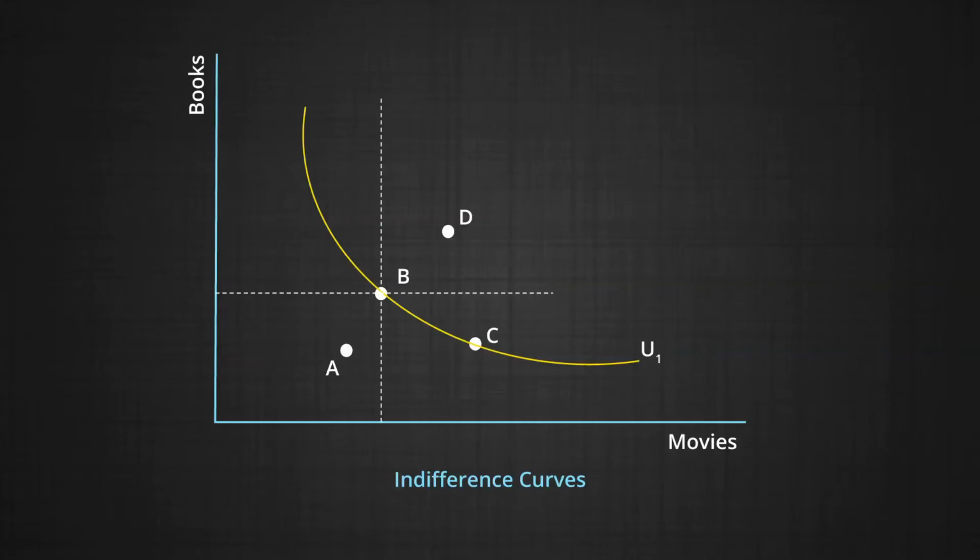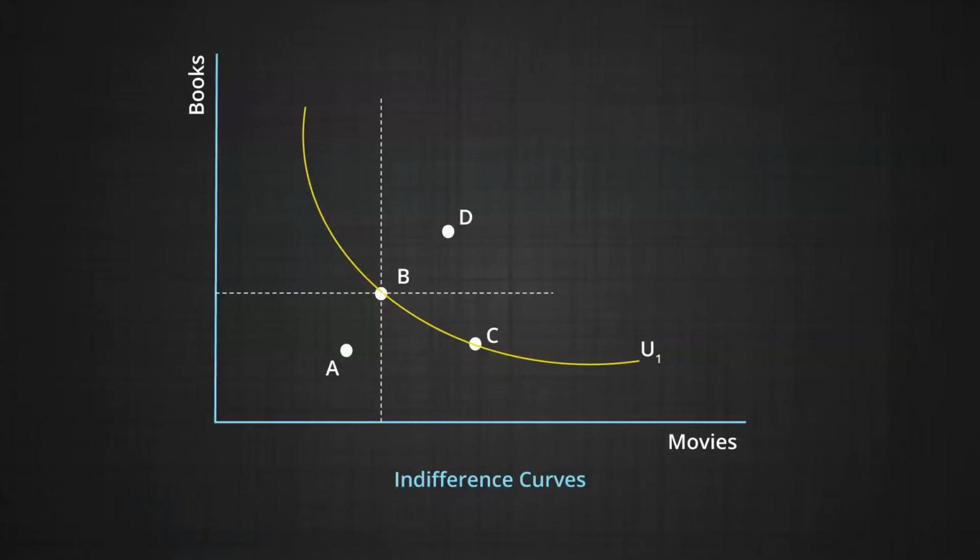A consumer would therefore derive greater utility from a bundle like B than from A, and she would derive even more utility from the bundle D than she would from B. So, the consumer would clearly prefer B to A and D to B. But what about a bundle like C?